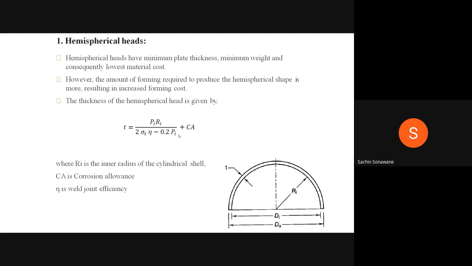Therefore, I think you have written thickness T is equal to Pi Ri divided by 2 sigma T neta minus 0.2 Pi plus Ca. Ca is corrosion allowance. Neta means weld joint efficiency.